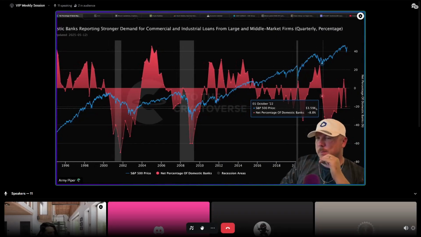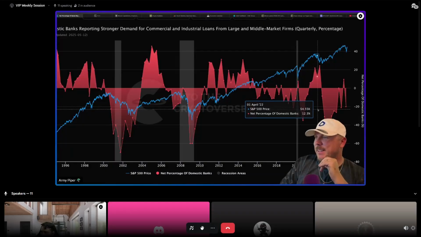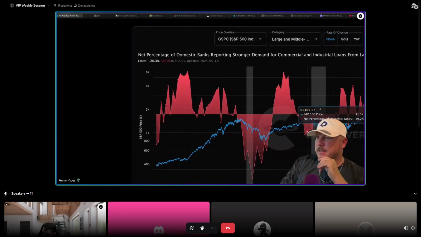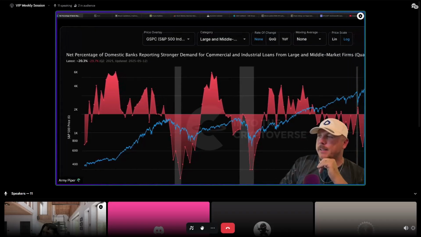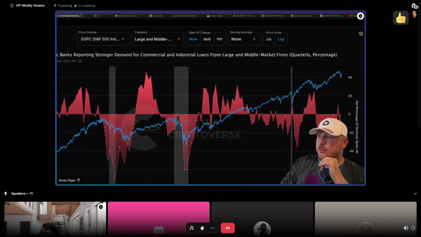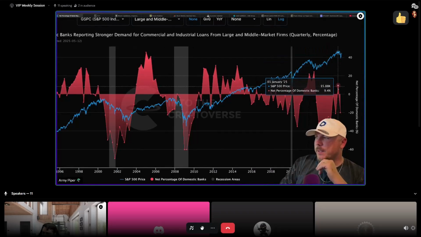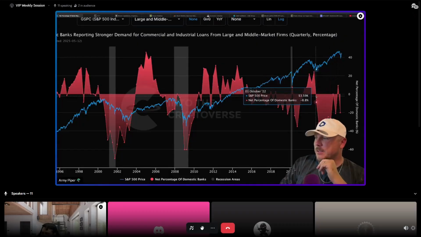Interesting. I'm looking at this chart here from Into the Cryptoverse. This is the net percentage of domestic banks that are reporting stronger demand for commercial and industrial loans from large and middle market firms. We've only had one period of positive demand since 2022.